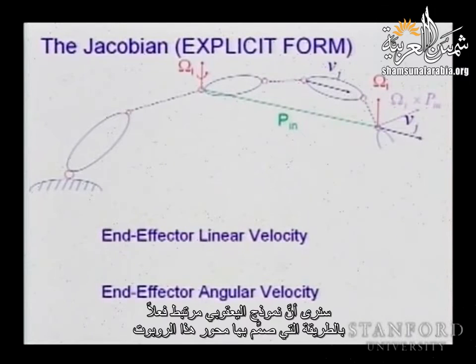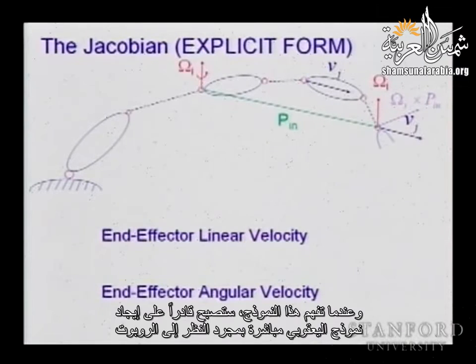And we will see that essentially this Jacobian is really related to the way the axes of this robot are designed. And once you understand this model, you are going to be able to look at a robot and see the Jacobian automatically.